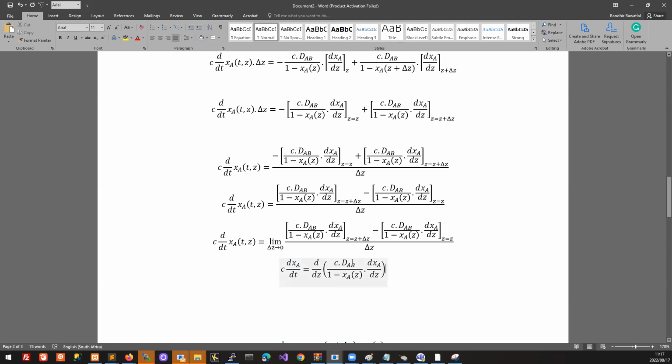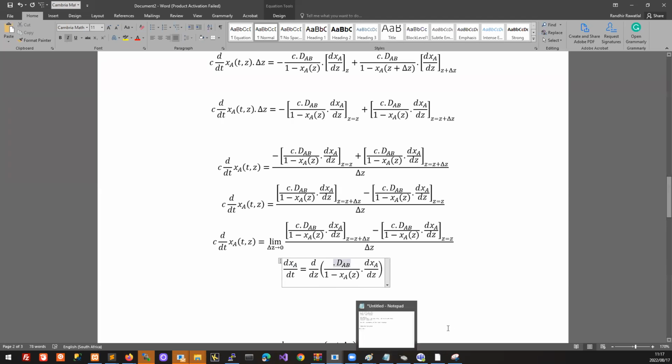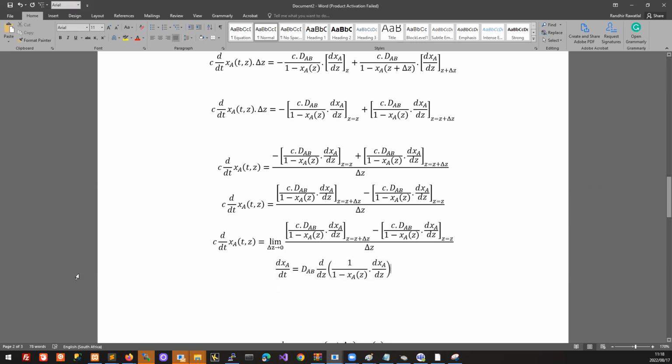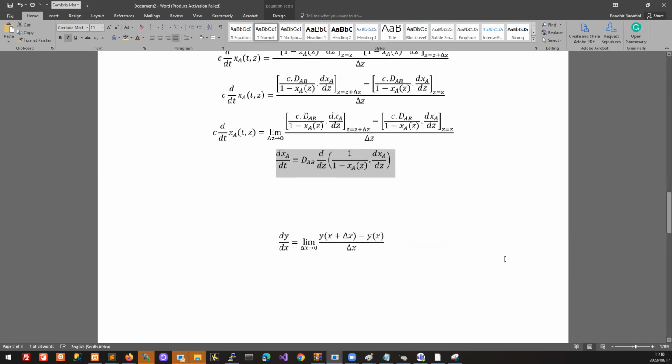By the way, we could cancel the concentrations as well. They are on both sides, and they are not changing in Z. The diffusivity also is a constant in Z. So we can write it like this. And that's it. That's our equation.